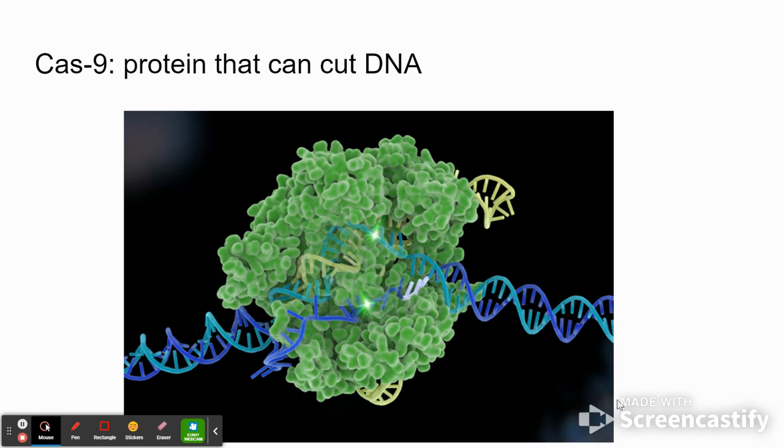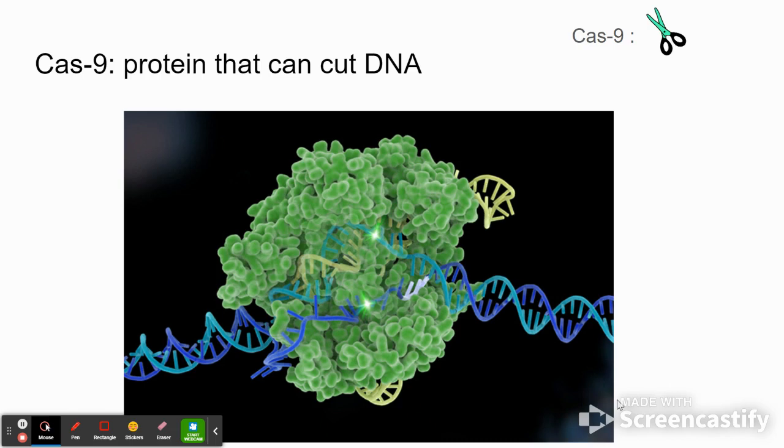In order to do this, we need something to cut the DNA so that we can get rid of the functional LAC-Z and have a place to insert the non-functional one. We're going to use a protein called Cas9. There are other Cas proteins, but this is the one that we use in this lab. And it's going to cut the DNA at a very specific sequence.